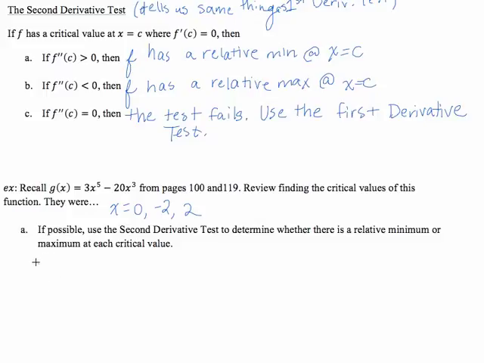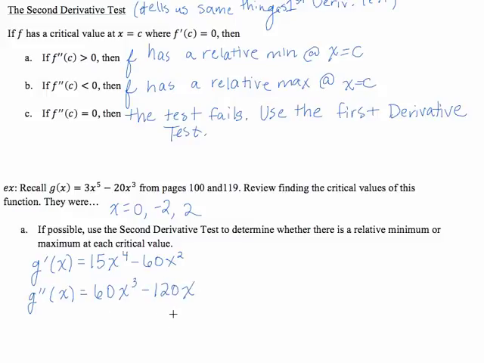We're dealing with g here. Let's go ahead and rewrite the first derivative before we take the second derivative. So the first derivative is 15x to the 4th minus 60x squared. Then g double prime of x is 60x cubed minus 120x.